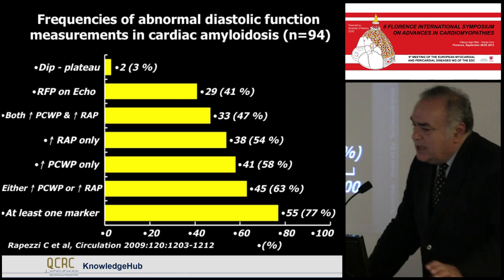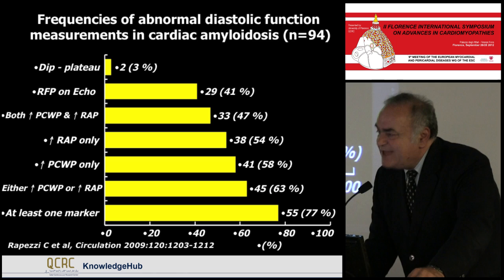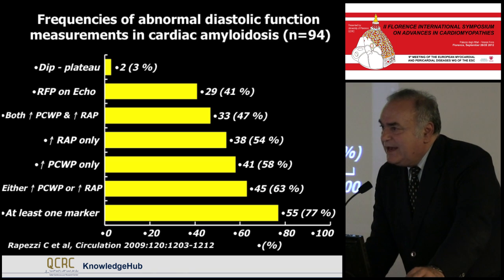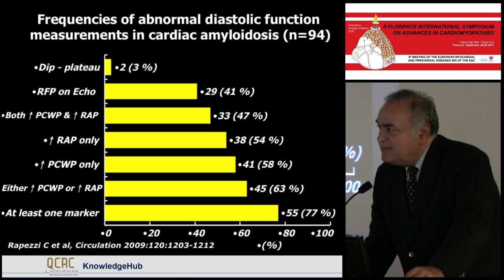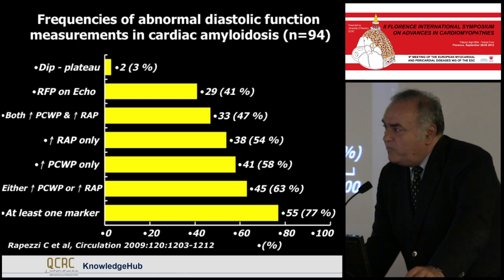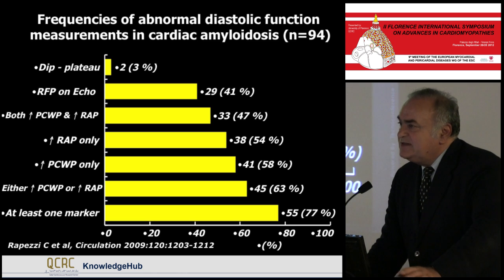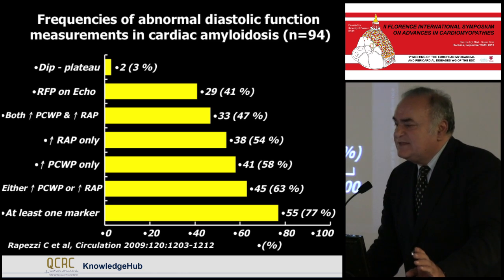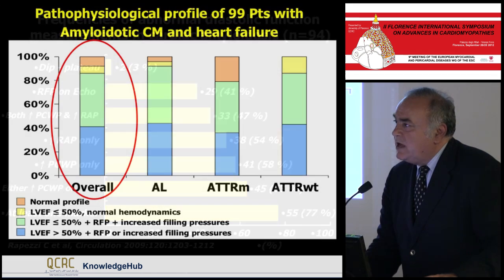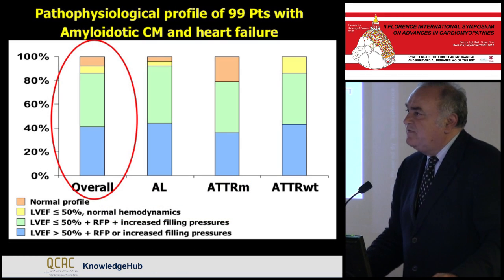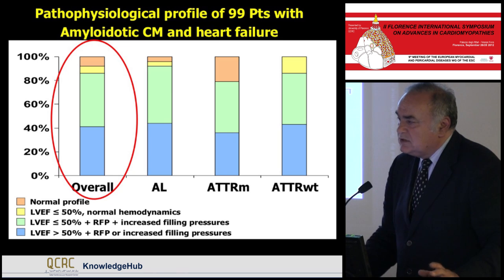So the range is from 3% of the cases with a clear deep plateau in the right ventricle, to 41% with the restrictive physiology in echo, to 77% with at least one abnormal diastolic marker. So we are very far from the perfect idyllic situation that the classification and definition show.